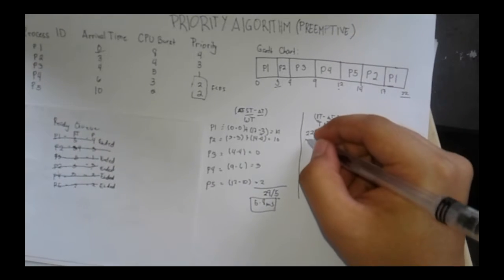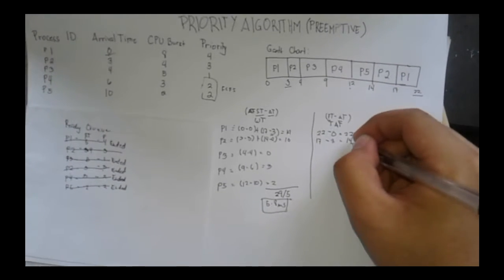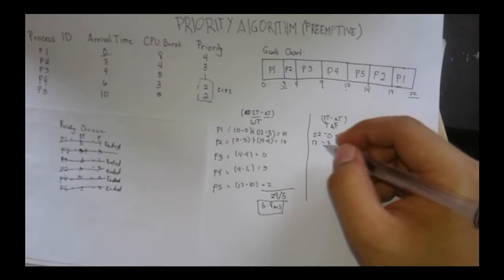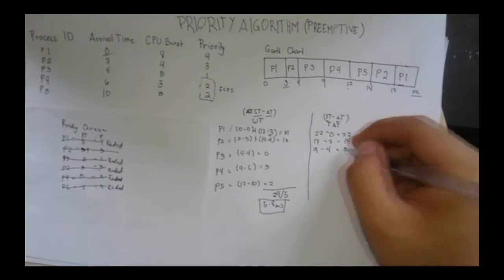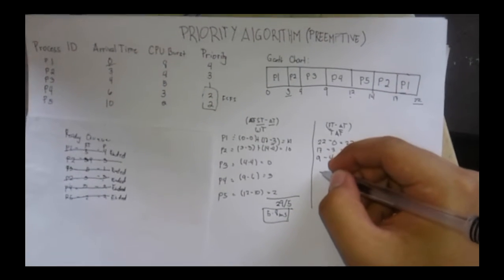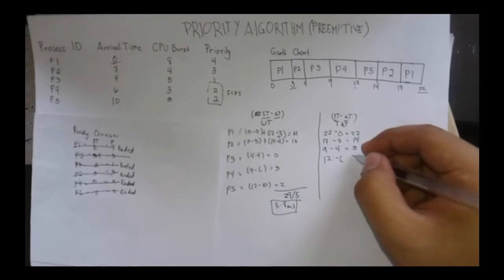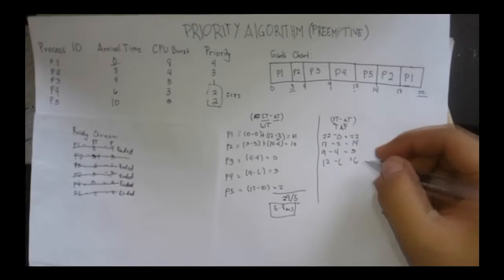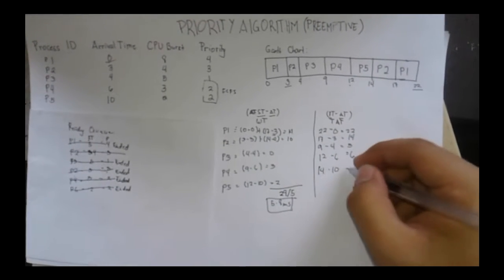Then 17 for P2 minus 3 is equal to 14. Then for P3, we have 9 minus 4 equal to 5. Then P4, we have 12 minus 6 is equal to 6. And lastly, 14 minus 10 is equal to 4.